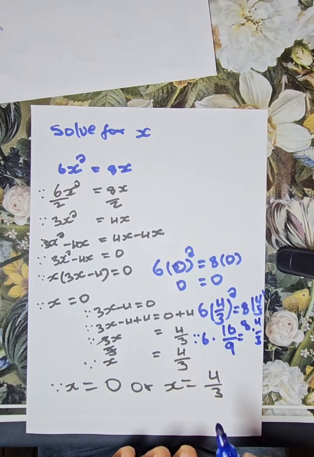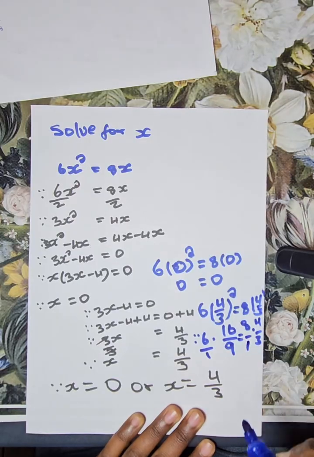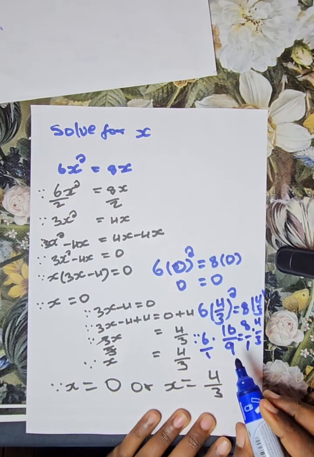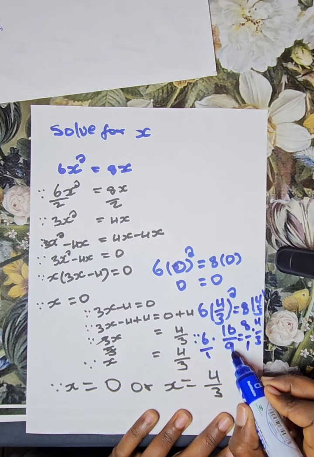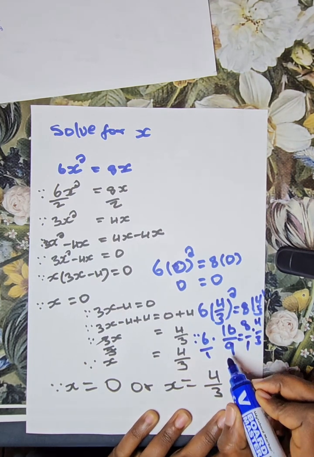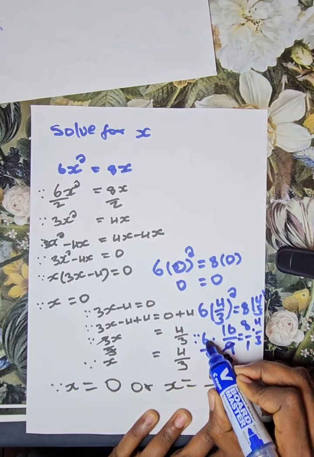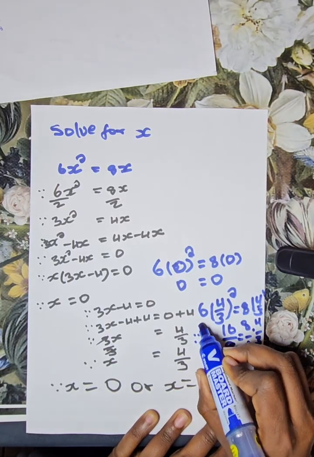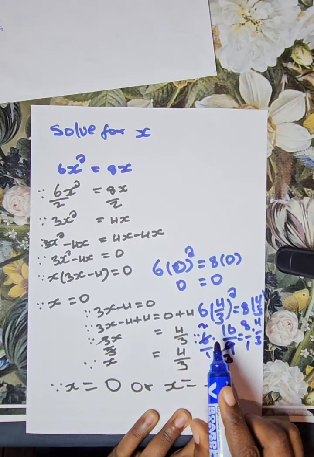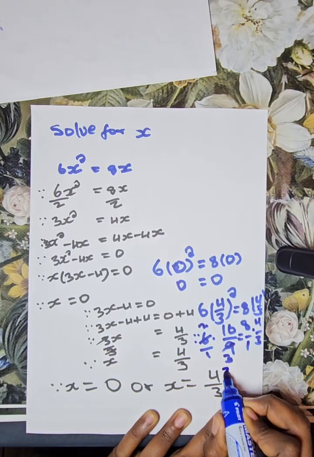Now if I simplify both sides, let's cancel out common factors. 6 and 9 can be divided by 3. If I divide 9 by 3, it gives me 3. If I divide 6 by 3, it gives me 2. Now multiply 2 by 16, gives us 32.